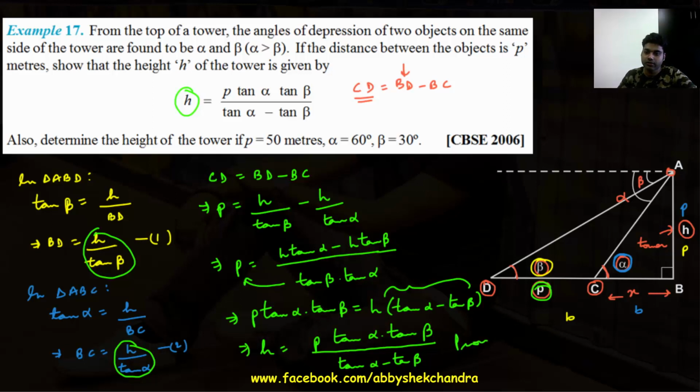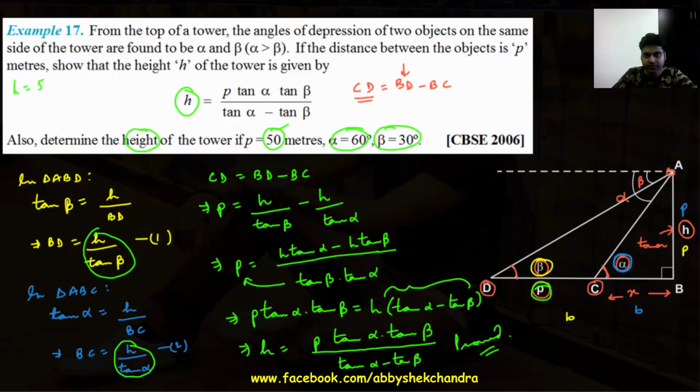So hence proved, right? Now the second part of the question is that you have to find the height of the tower. The values are given: P equal to 50 meters, alpha equal to 60, beta equal to 30 degrees. So let's quickly calculate here itself.